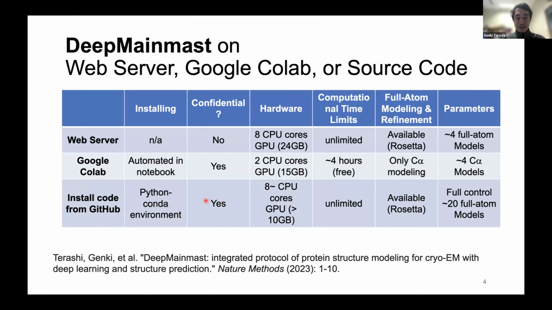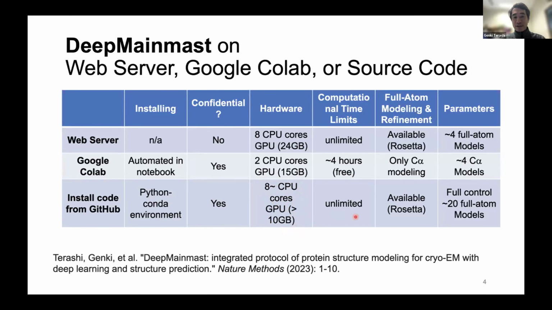Of course, it's confidential. You can set up as many CPU cores as you have, and you can also use a large GPU card. The minimum requirement of DeepMainMast is over 8 CPU cores, and the GPU should have larger than 10 GB of memory space.